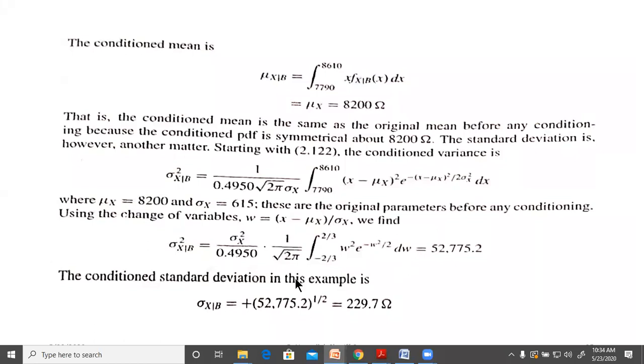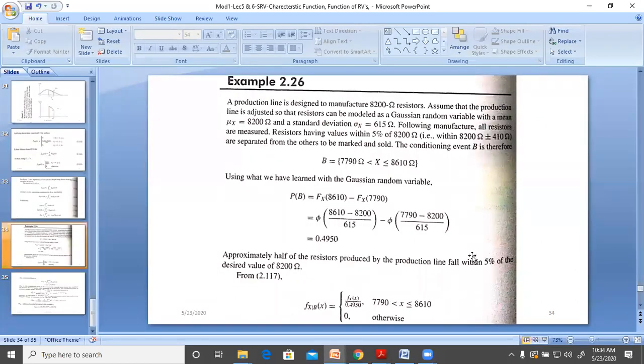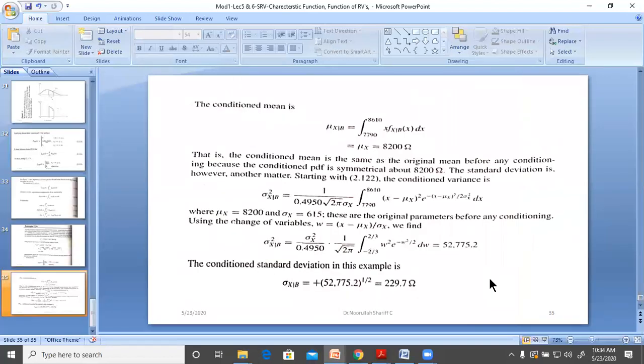That will be the probability density value over there, and hence we will get the corresponding value, which is 52775. If you take the root of this, you'll get 229.7.